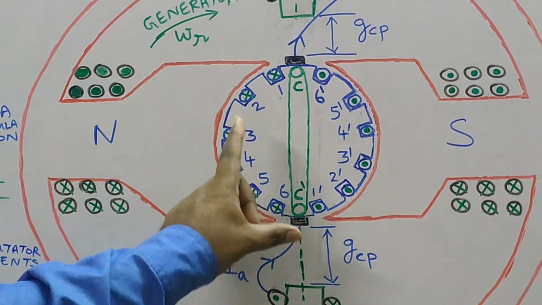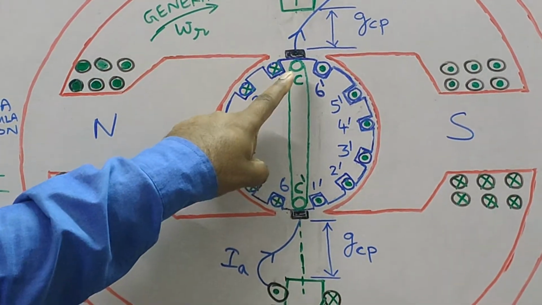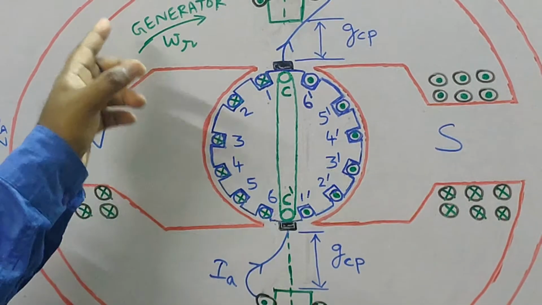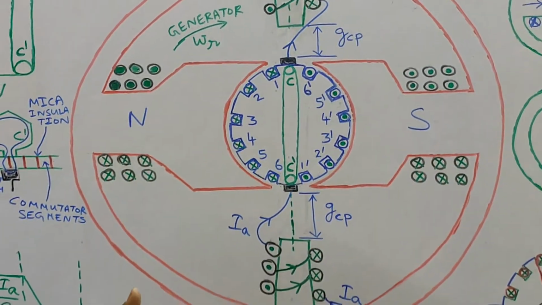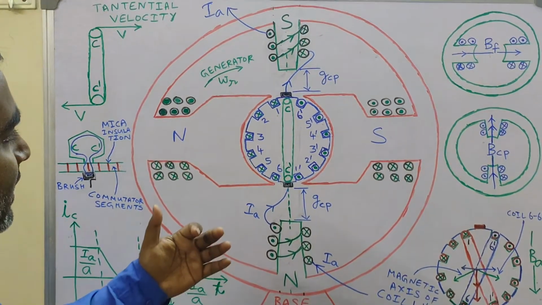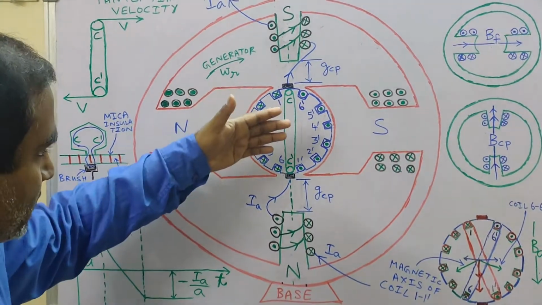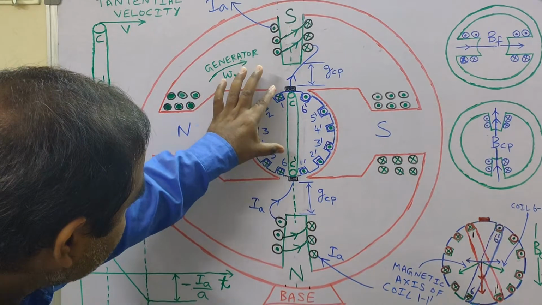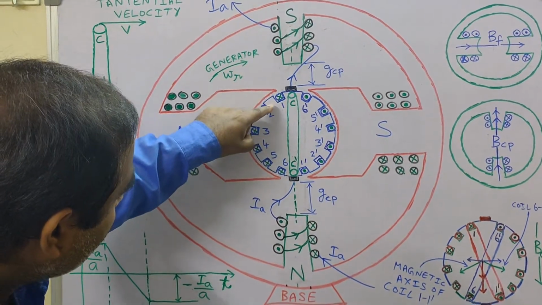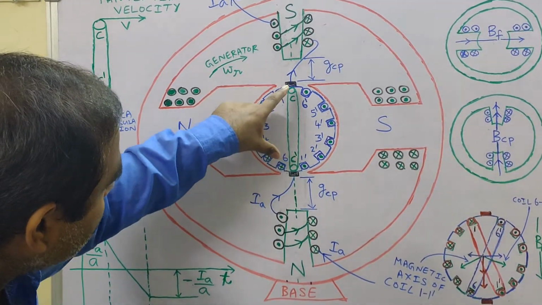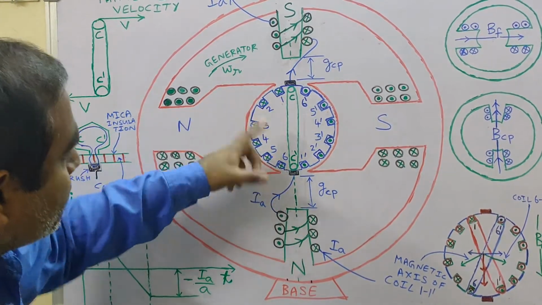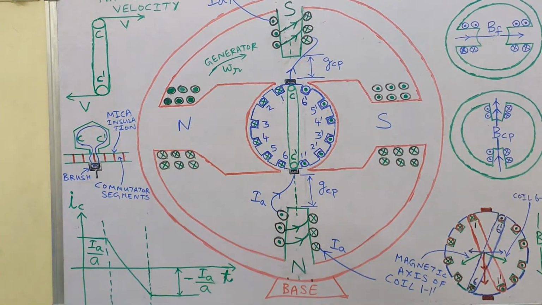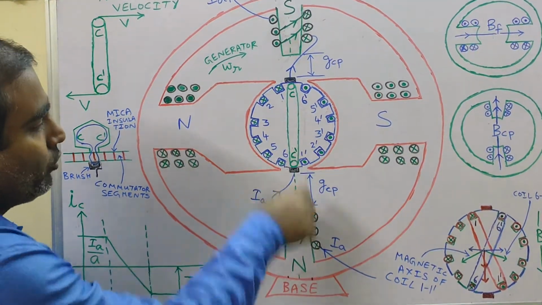Am I clear? The armature is rotating in the clockwise direction, since the prime mover is driving the armature core clockwise. So after a few degrees of rotation, coil 1 1 dash will come to the position occupied by coil CC dash, and at that moment we will say coil 1 1 dash is undergoing commutation.